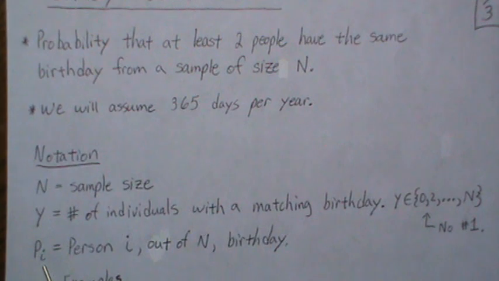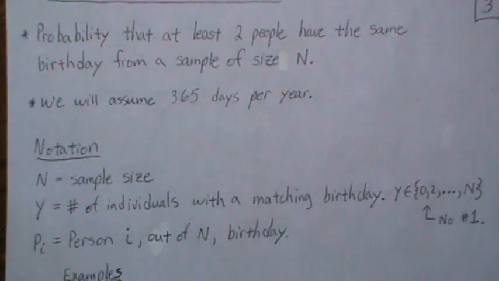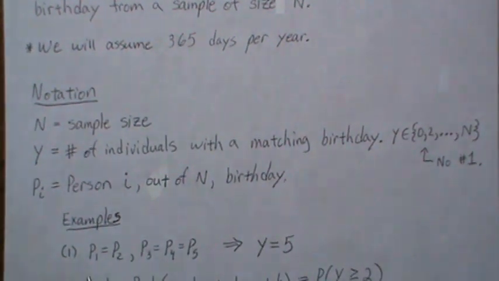We're going to let P_i be the birthday of person i out of the sample of N. So P_i could be March 25 or November 10th, etc. As a quick example, if we have P1 equal to P2, and P3 equal to P4 equal to P5, it says these 2 people have the same birthday, these 3 people have the same birthday, but a different birthday, and so far there are 5 people that have a match.